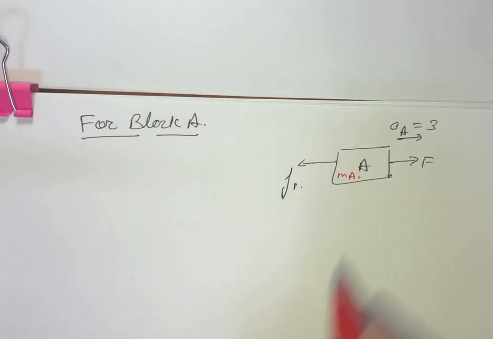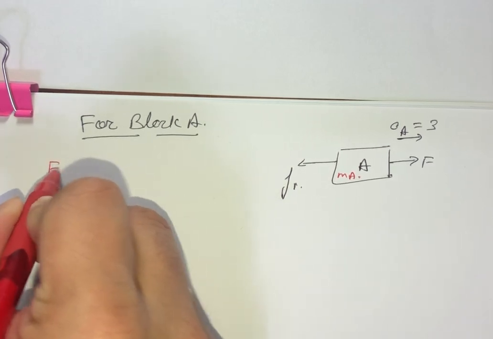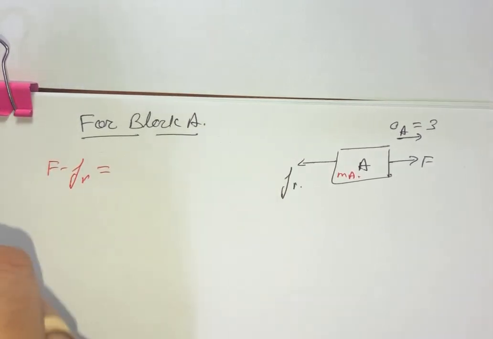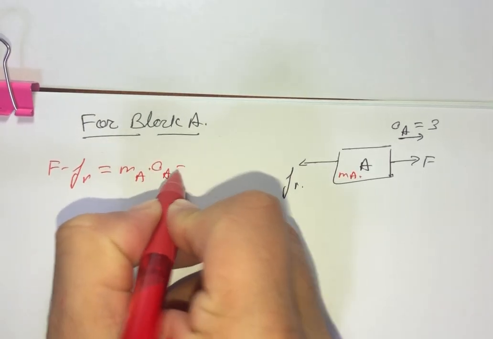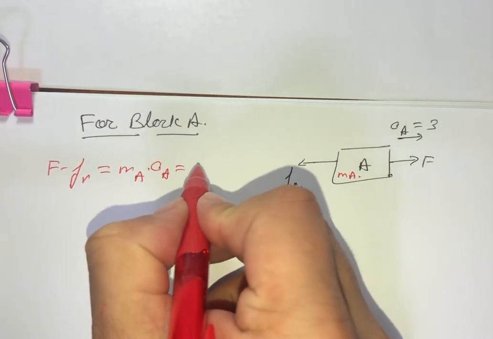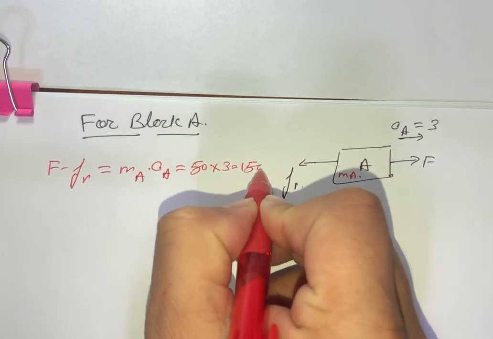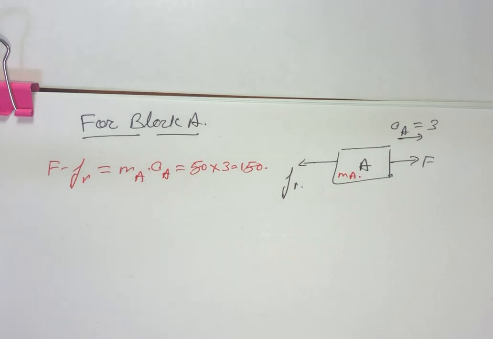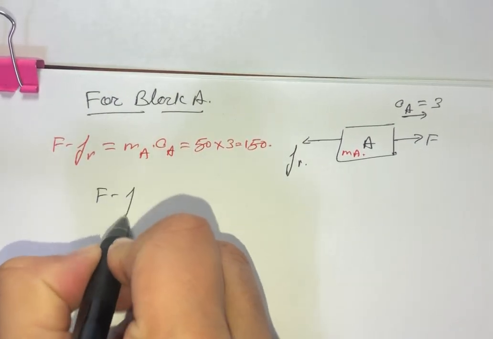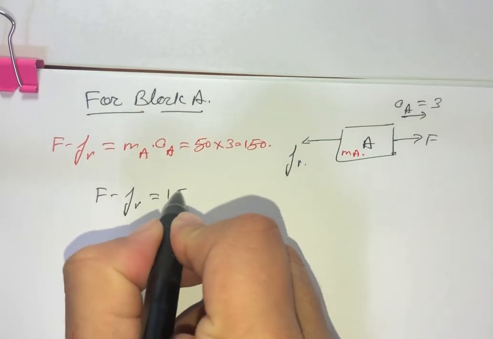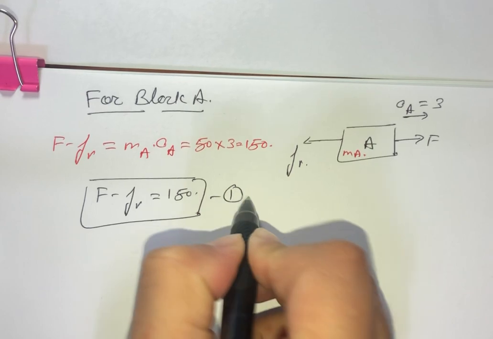Therefore, we can write the equation that F minus Fr will be equal to MA multiplied by AA. MA is given as 50, acceleration is 3, so this will be 150. Let us call this equation number 1.